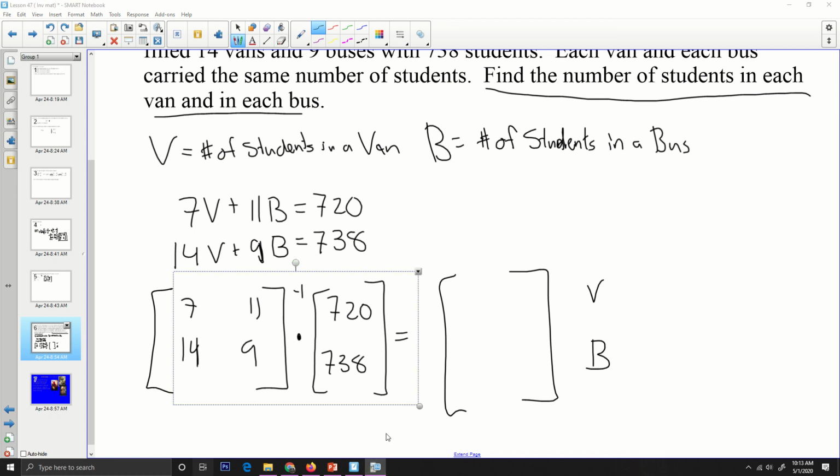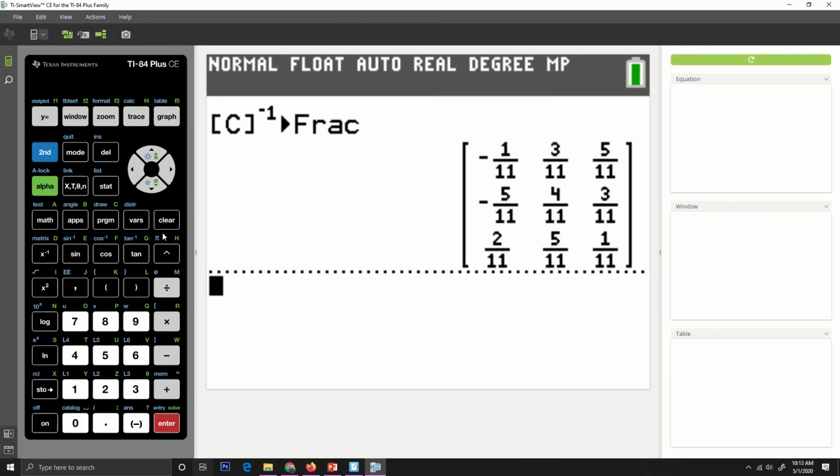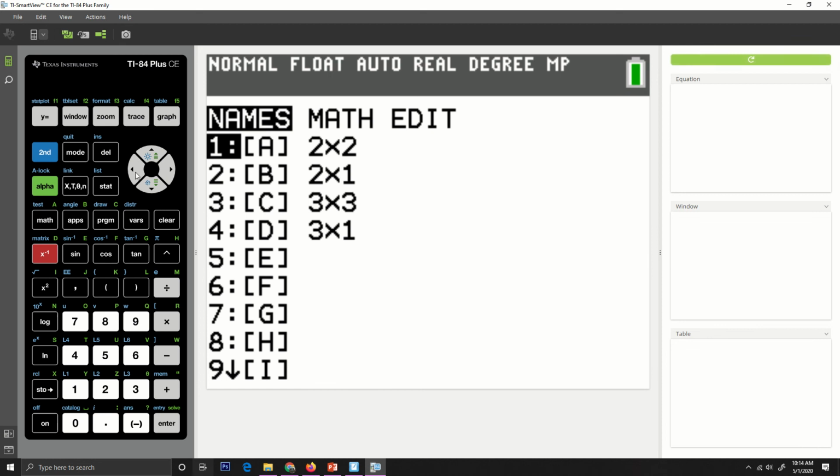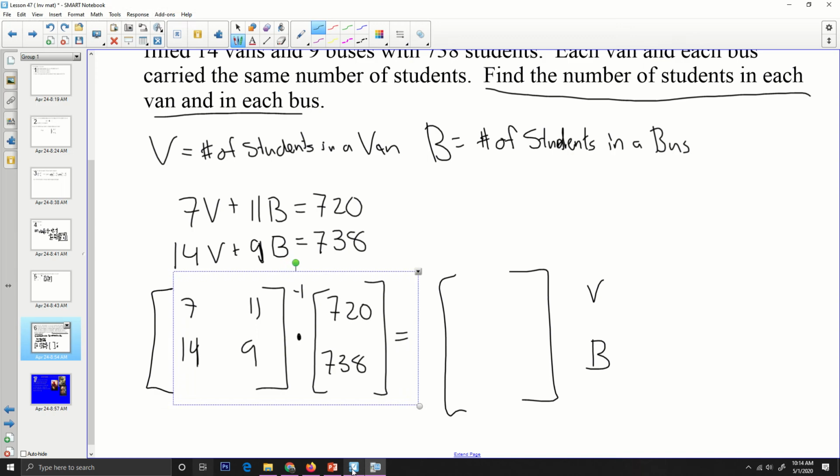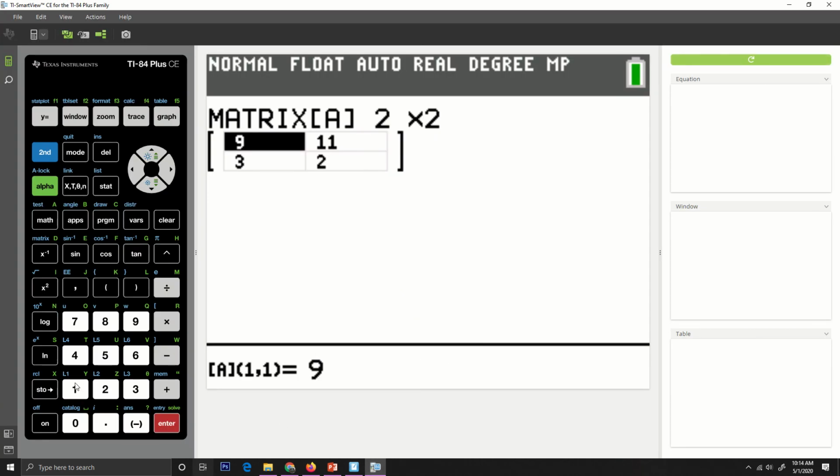So let's grab that graphing calculator again. Sorry about that, folks. All right, so second, with our matrix, we're going to go over to edit. We want to edit that 2 by 2 matrix to start. So hit enter twice again, and then it'll be 7, 11, 14, and then 9.